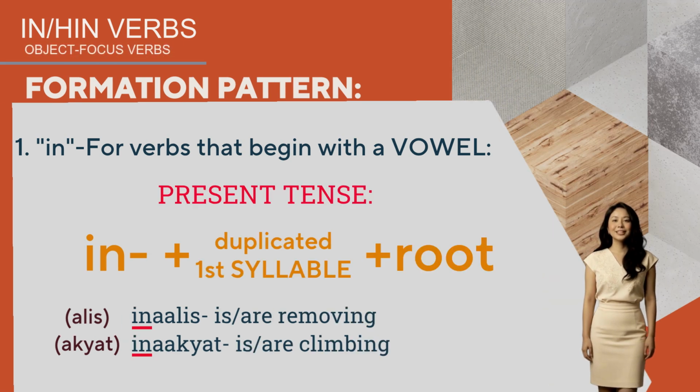Now in the present tense, the in shifts again to the front of the root, just like the past tense. But we have added the duplicated first syllable and then the root verb. So our formation pattern for the present tense will be in plus the duplicated first syllable plus the root verb. So we get inaalis, is removing or are removing, inaakyat, is climbing or are climbing.